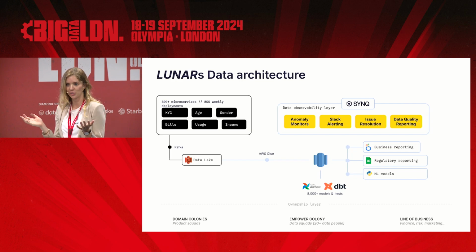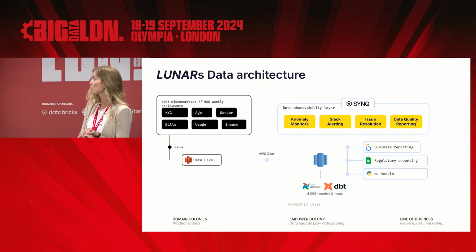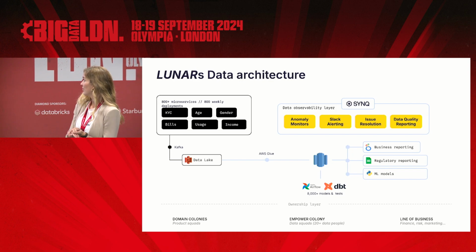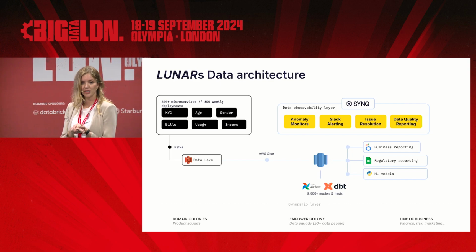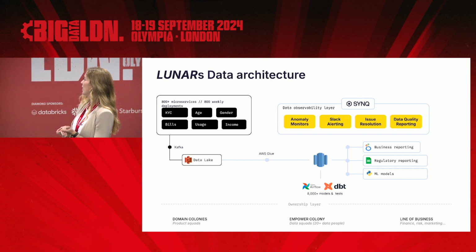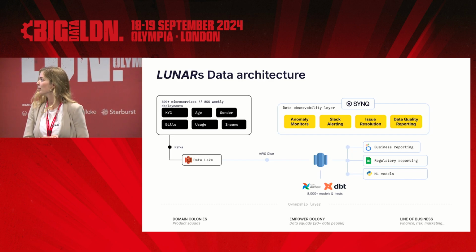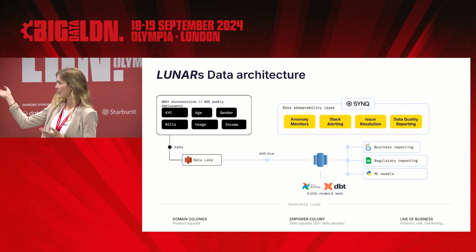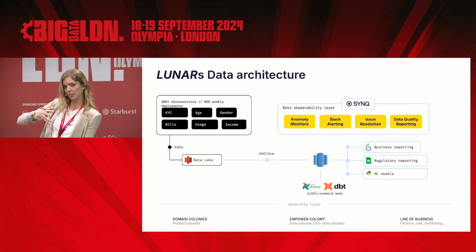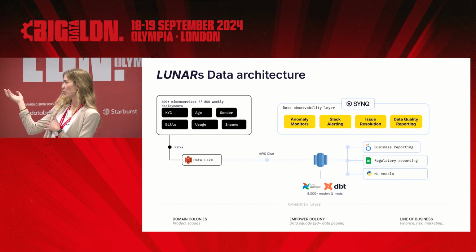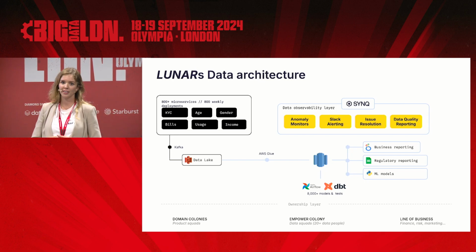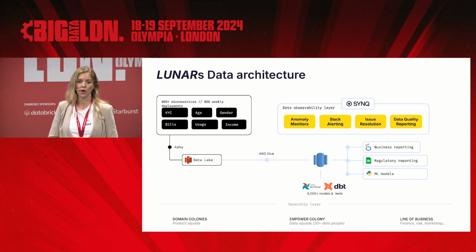Being a bank, we need really good data going into different types of regulatory reports, both for Denmark, Norway, and Sweden, where we operate. And then, of course, we also use this data in AI and ML. Besides delivering data back to our domain colonies, we also use the data for different lines of business, so finance, marketing and so on, that are not placed in any of the colonies.